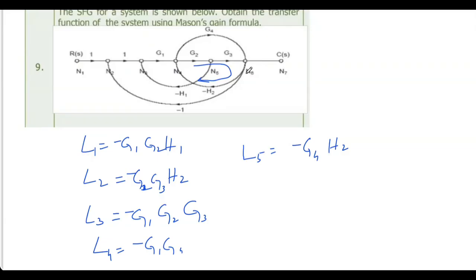From here to here, if you go, you can go like this also, no? So this loop you didn't see. Similarly, when you come from here, you can go like this, or you can come like this.